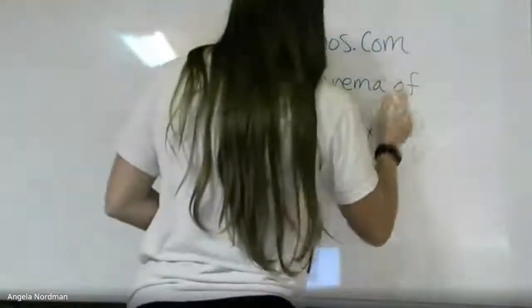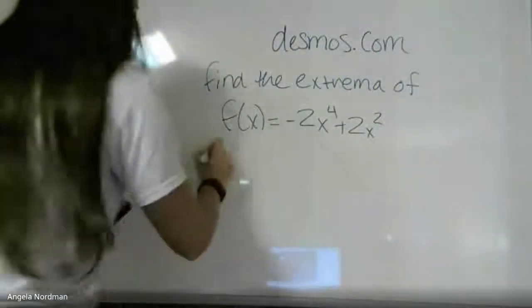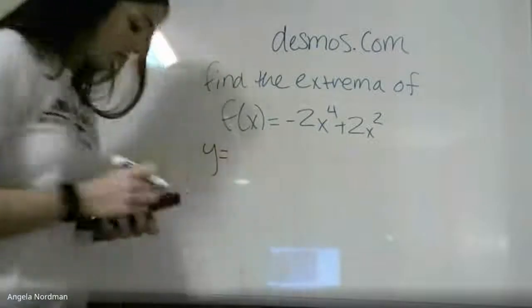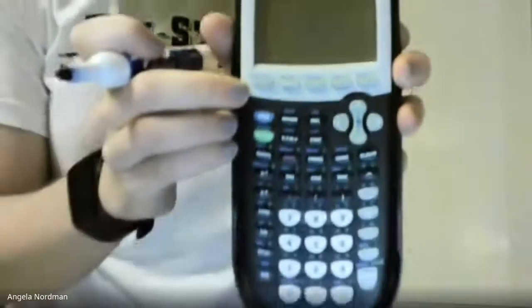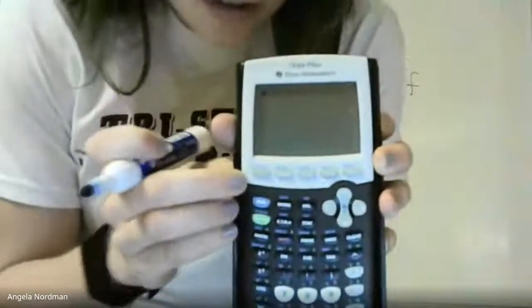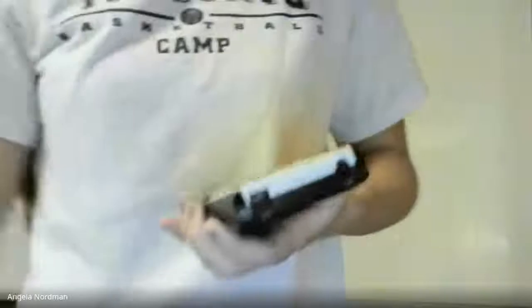Sorry, not cubed, squared. Okay. So what we do is we type this into our y equals. Okay, so on our calculator, I don't know why you can't see this very well. Let me grab my flashlight, see if that'll help.